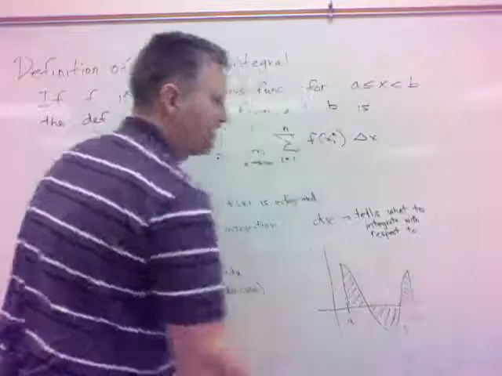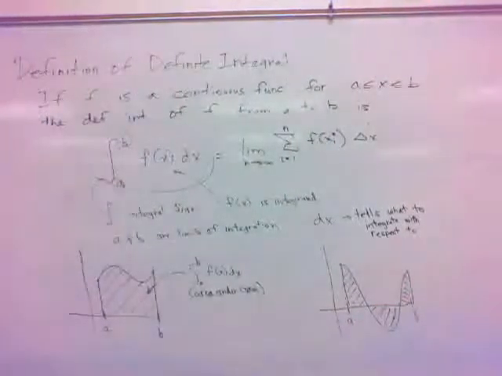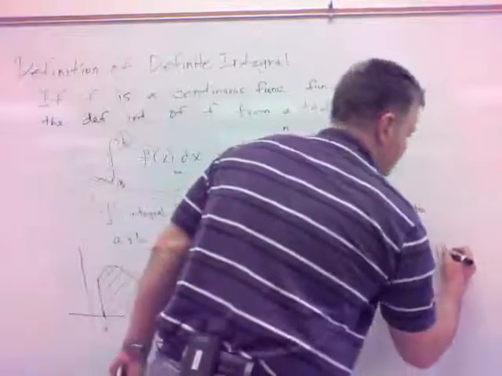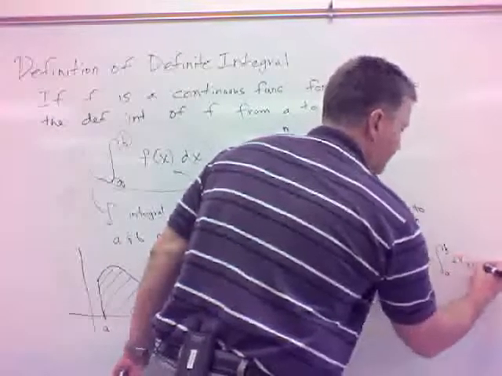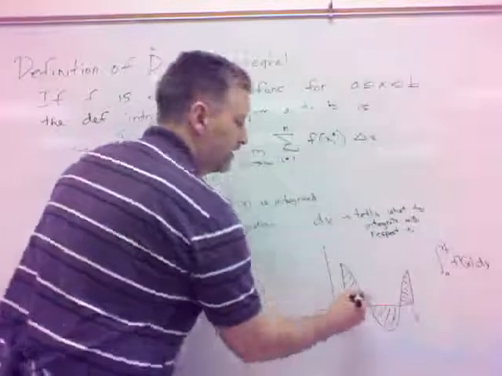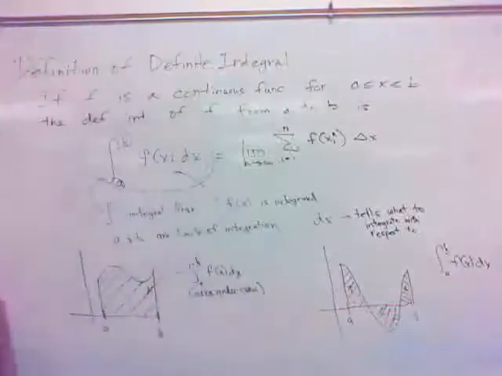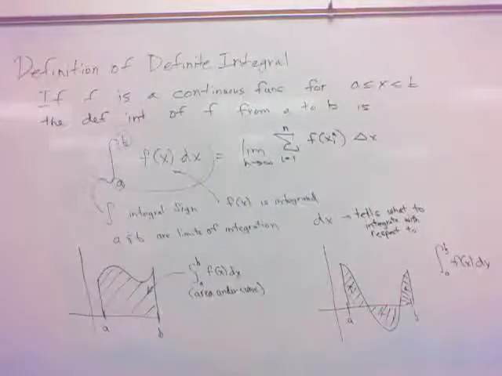It's that area there. However, what do we know about the integral from A to B of f of x dx? This is going to be a positive value, this is going to be a negative value, and that is going to be a positive value. So I've got some positive, some negative. So the integral, what is it? It's that net area, right?